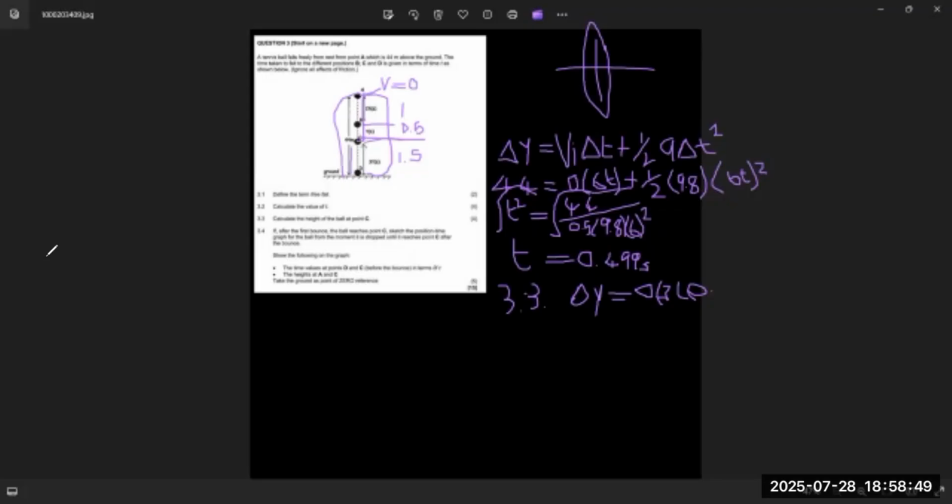Let's just say 1.5, as I said. Our 3t would be 1.5. So let's just substitute 1.5. You can multiply your 3 by t, which is 0.499, and you get a value that is close to 1.5.